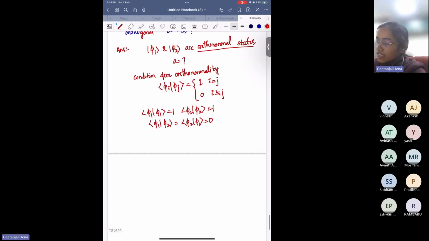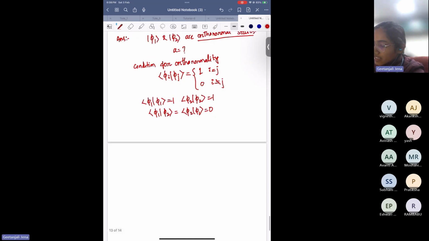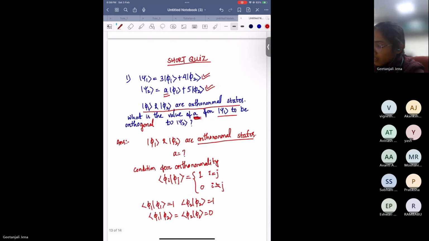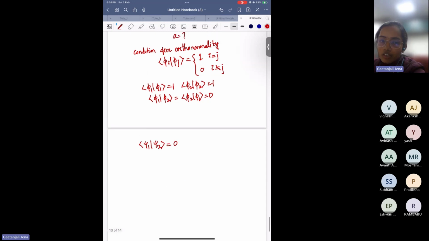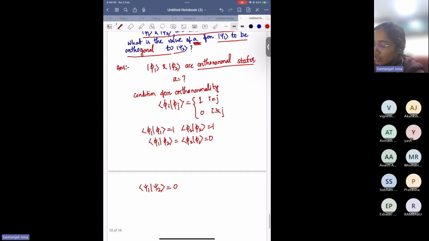So next, the condition for orthogonal. Orthogonal means, if it is saying that psi1 is orthogonal to psi2, this means the inner product of psi1 and psi2 must be equal to 0. If you take the inner product of these two states, then the inner product will be 0.